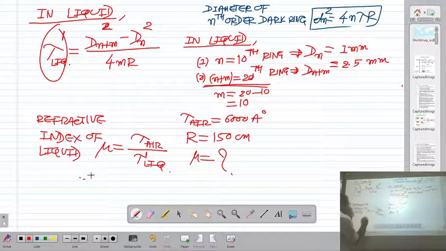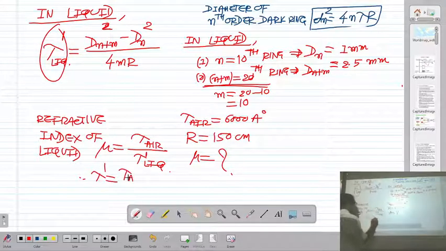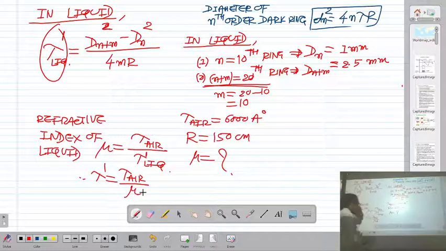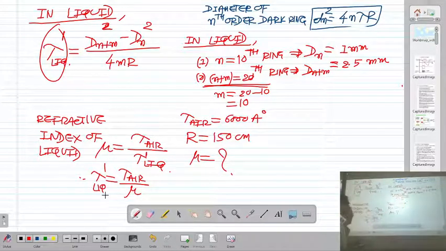Therefore lambda dash is equal to lambda air upon mu. According to the definition of refractive index of liquid, mu is lambda air upon lambda dash liquid, so the wavelength of light in liquid is lambda air upon mu.